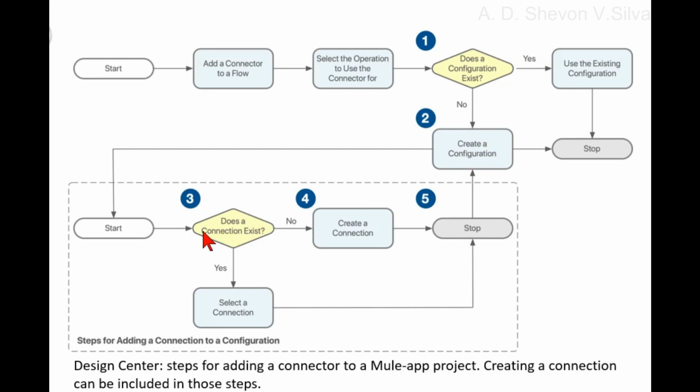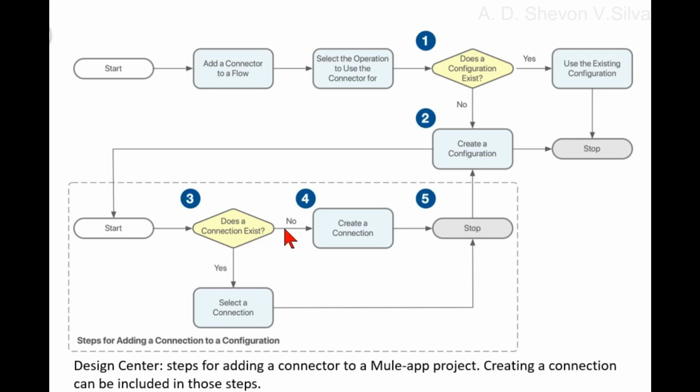Then when the dialog for creating a configuration is opened, it presents a list of connections. If any connection already exists for this type of connector, the dialog also enables you to create a connection.